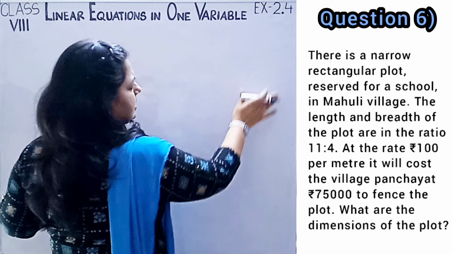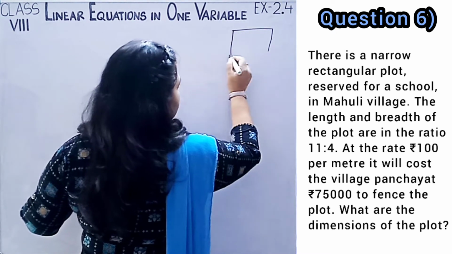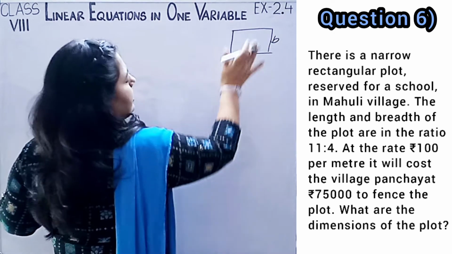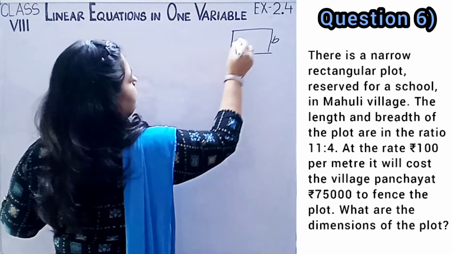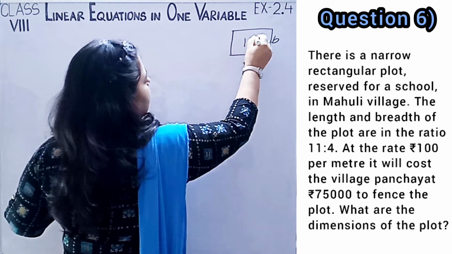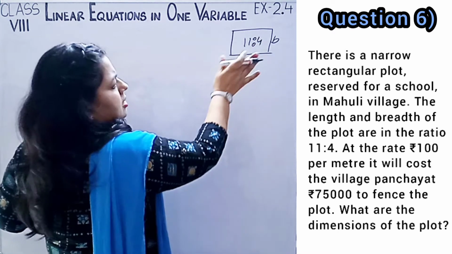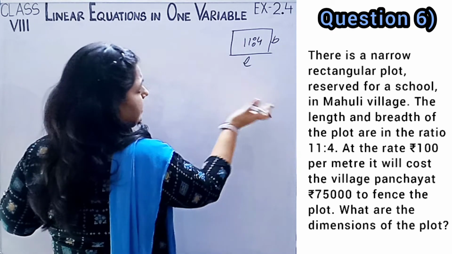In this question there is a rectangular plot, so we are going to draw the rectangular plot here, with L and B. The ratio between L and B is 11:4. It means the common ratio between length and breadth, we can take as x.